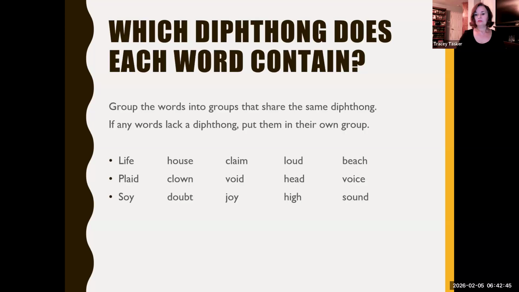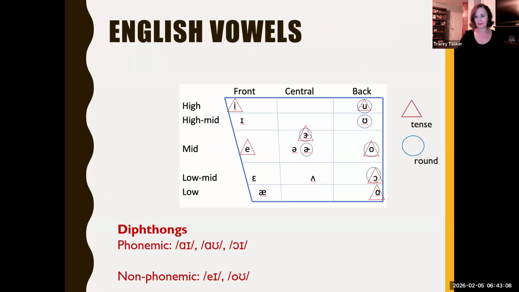So let's talk about an activity that you could do to kind of start to learn these. So what I'd like you to do is look at these words, and then I'd like you to group them. Put them into which group is the same diphthong, and then you can check your work afterwards. All right.